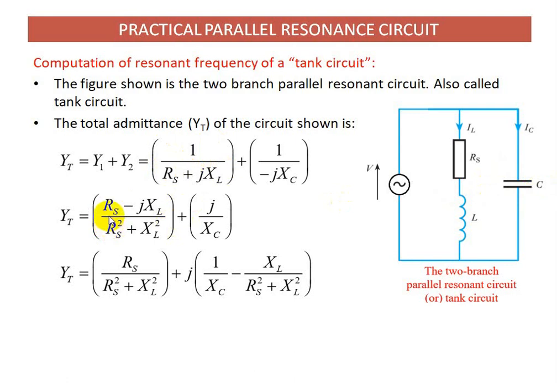Then we get Rs minus jXL in the numerator, and in the denominator we get Rs square plus XL square, plus, if you take this j to the numerator, we'll get j by XC. So YT, the total admittance, can be written by separating the real part and imaginary part. We get Rs divided by Rs square plus XL square, plus the imaginary part, which is j into 1 by XC minus XL by Rs square plus XL whole square.